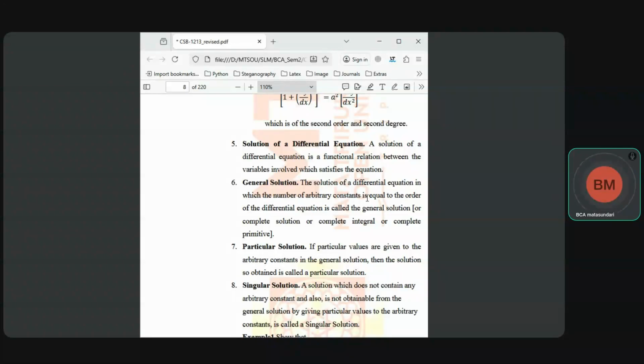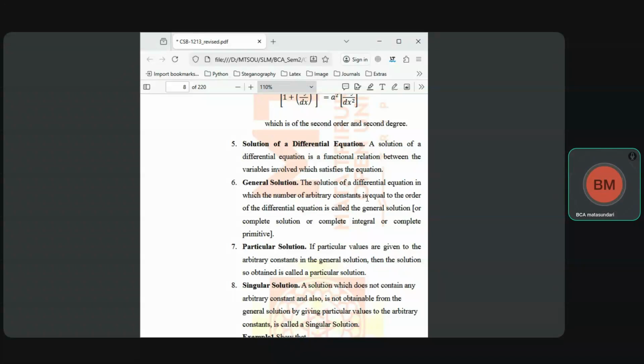These are a few different names for the general solution. Next, the particular solution. If particular values are given to the arbitrary constants in the general solution, then the solution obtained is called a particular solution.